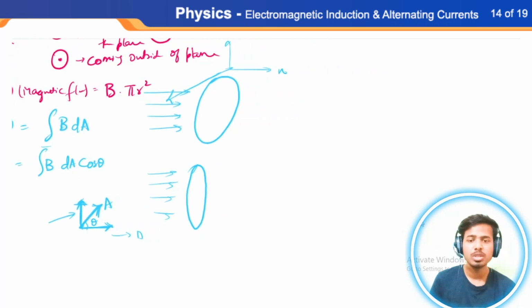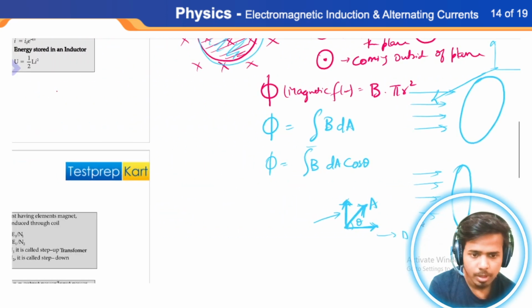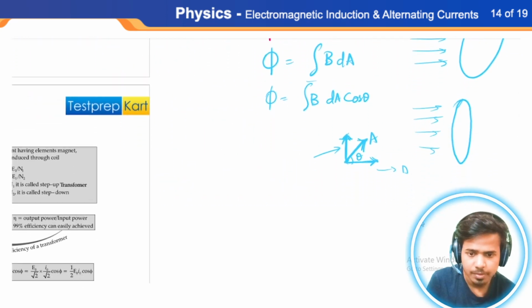Now if we are clear about the magnetic flux, we will give something called Faraday's law, or I think I should give it here itself.